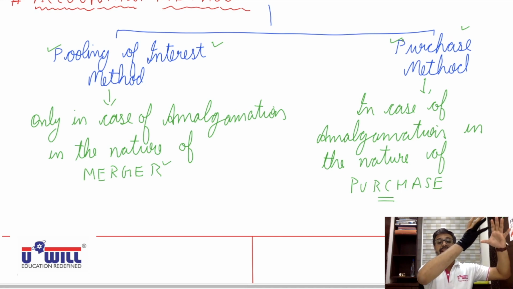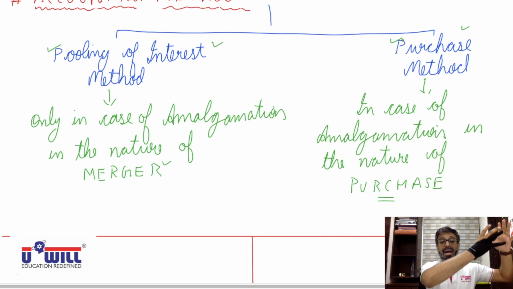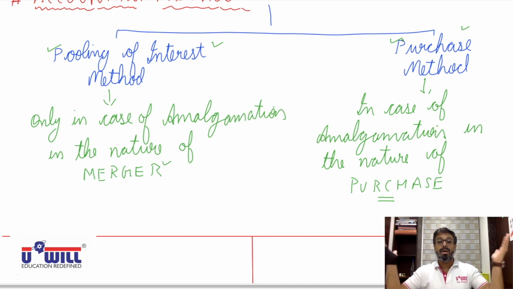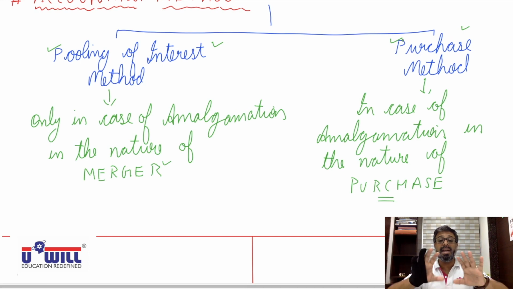All items of the balance sheet of A and all items of the balance sheet of B, merge them and form the balance sheet of AB Limited. So if A has a building of 10 lakhs, B has a building of 5 lakhs, in AB Limited the building is 15 lakhs. You are just combining the two companies' financial positions. That's why it's called pooling of interest method.